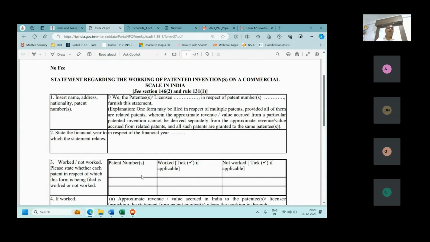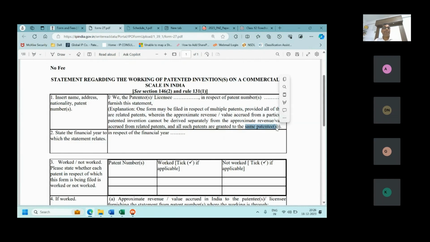Okay. And if you have 5 patents, all patents should be covered. Not one patent, one working statement. For all the patents, you can file. See, it says that one form may be filed in respect of multiple patents, provided all of them are related patents, wherein approximate revenue accrued from a particular patent cannot be derived separately from the approximate revenue value accrued. All such patents are granted to the same patentee.